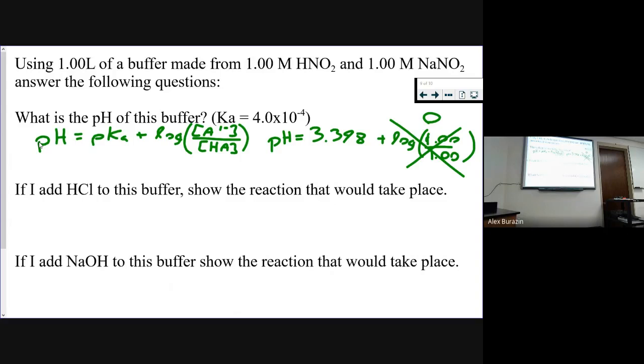How do you represent strong acid? So this is salt, and all the water.